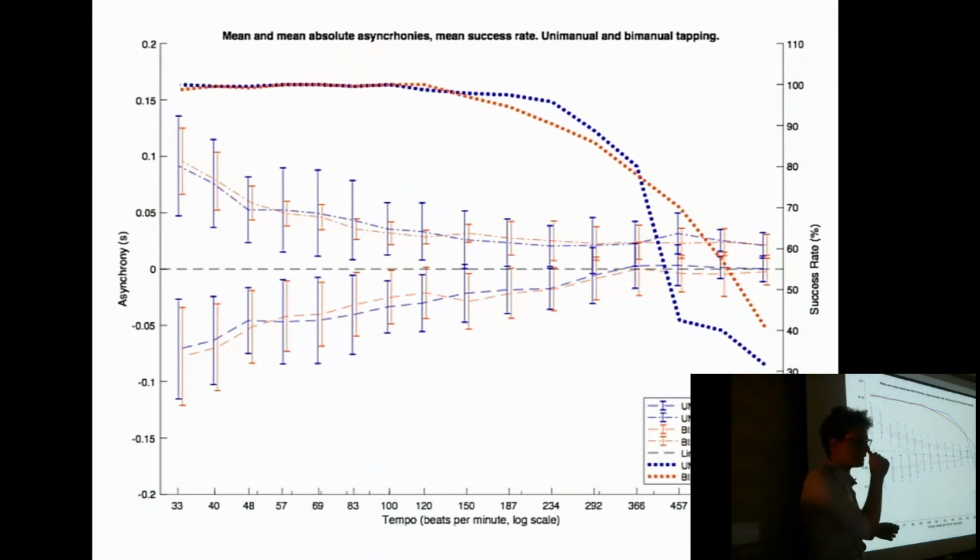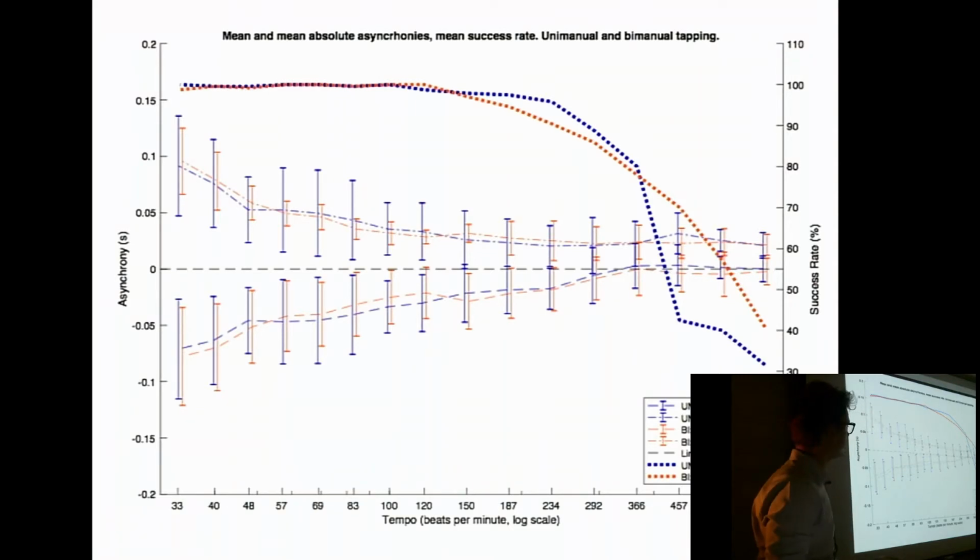First of all, red lines are bimanual tapping, blue lines are unimanual tapping. The thick line is the success rate, meaning the percentage of successful taps that fall within plus or minus a quarter of the inter-onset interval from the actual click time.